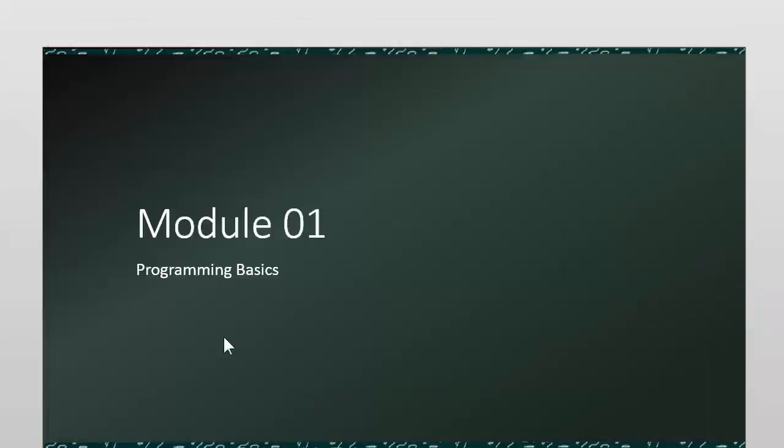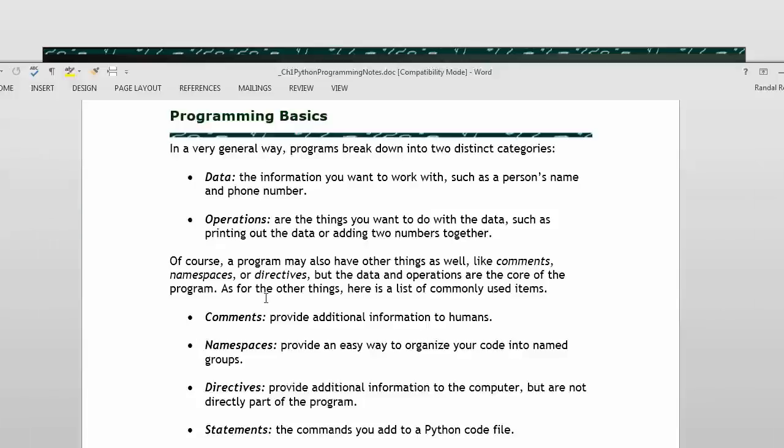Hello, in this video we're going to look at programming basics. Programming is the art of creating various statements, grouping them together to perform various actions, usually upon various pieces of data. And as such, programs break down into two categories.